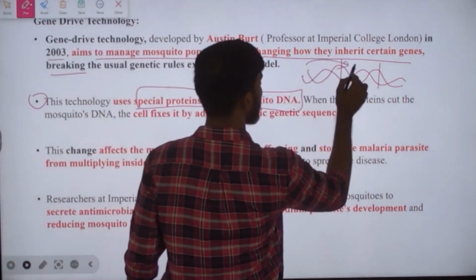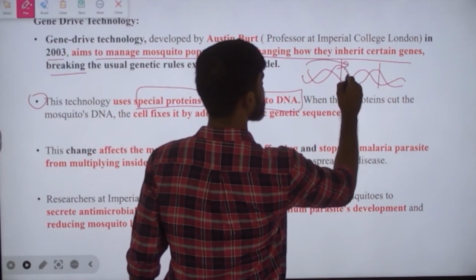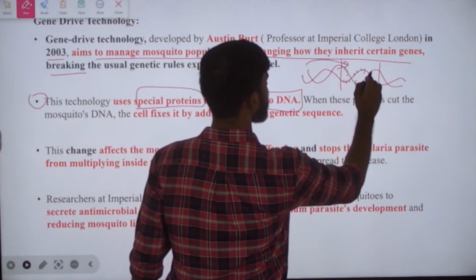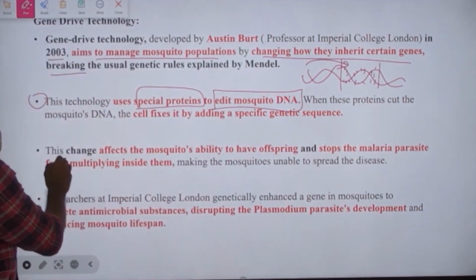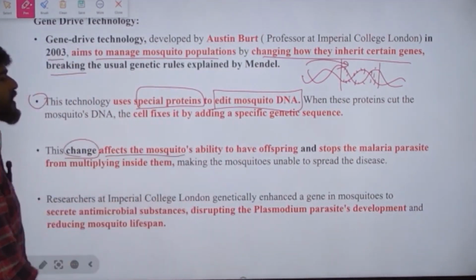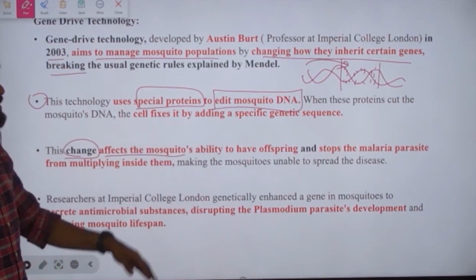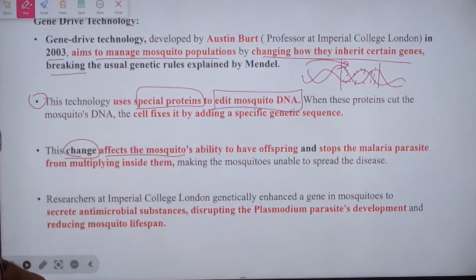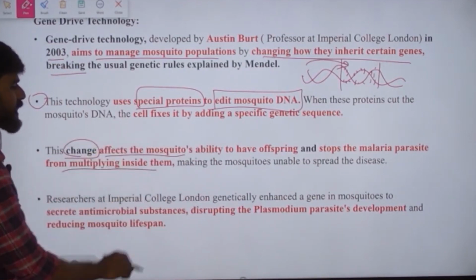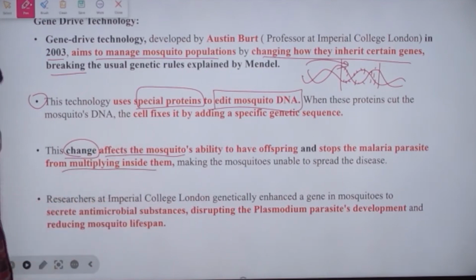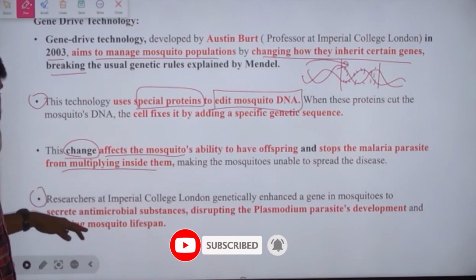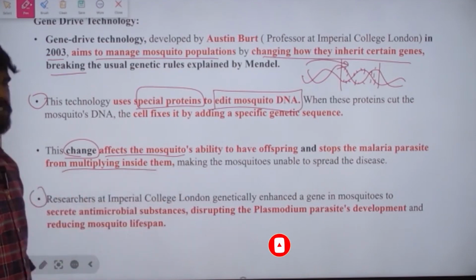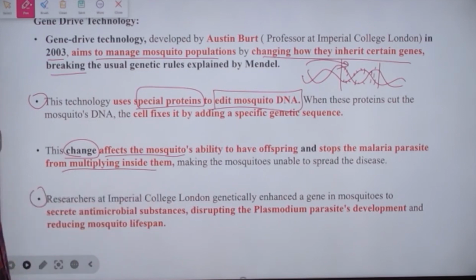The cells will add another genetic sequence, a newer sequence, but this newer sequence will affect the mosquitoes' ability to have offspring, and it will also stop the malaria parasite from multiplying inside them. All these points are important, and researchers at Imperial College London genetically enhanced a gene in mosquitoes to secrete antimicrobial substances which will disrupt the Plasmodium parasite.